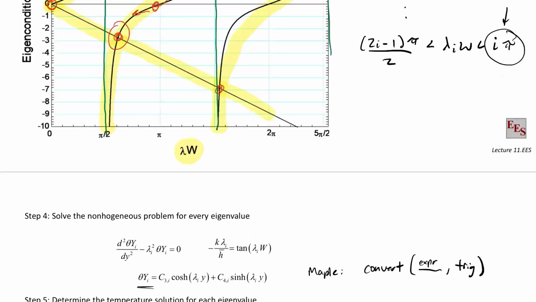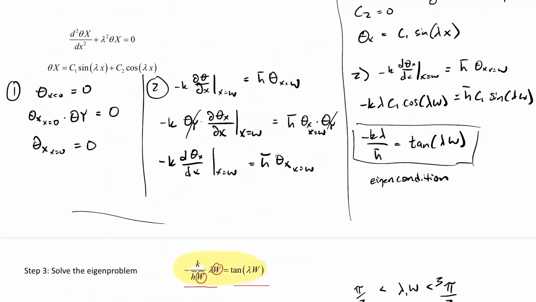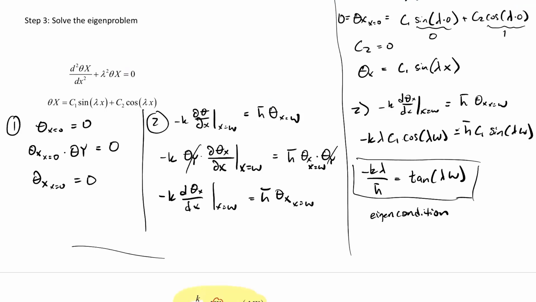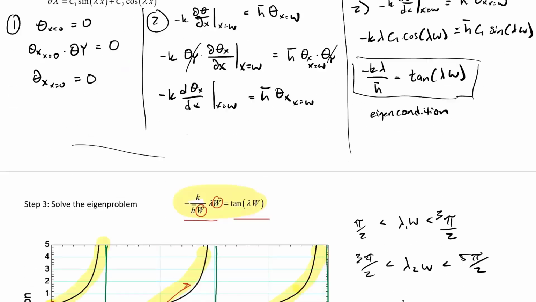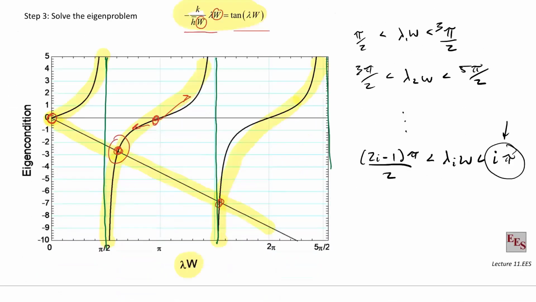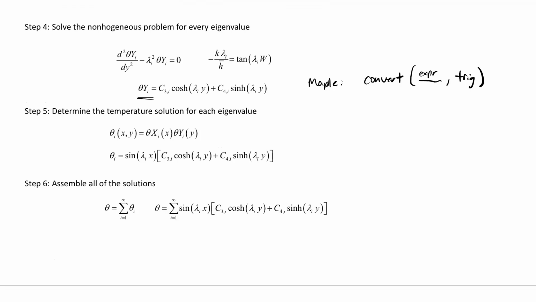So let's see, C1 of I was up here. So we were left with this expression, this is our solution for theta x. C1 I comes up because we have lambda i's. When we combine that solution here with our solution here, we would have had C1 I in front of that, but an unknown constant times an unknown constant is an unknown constant.